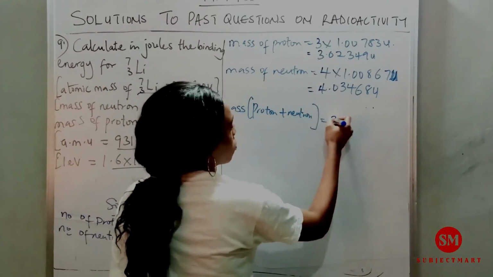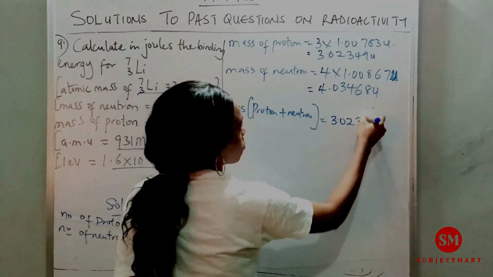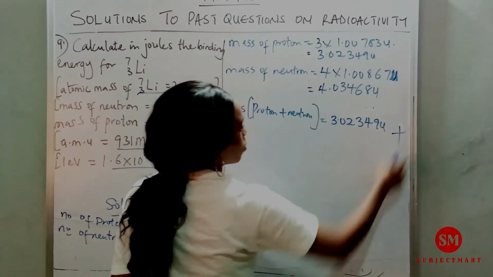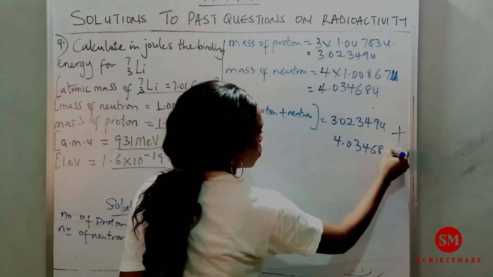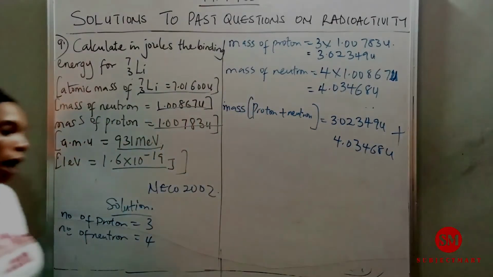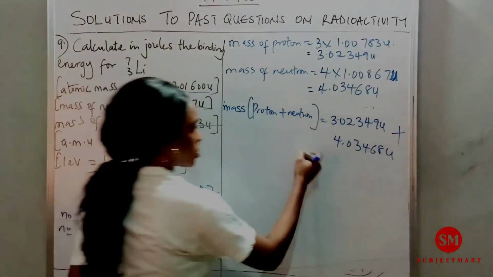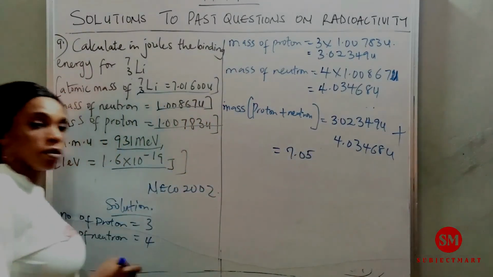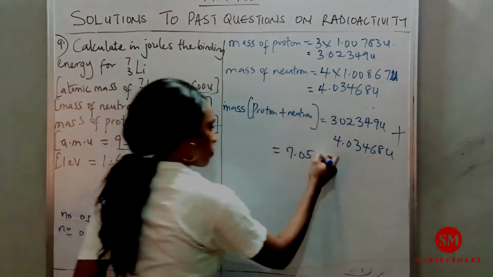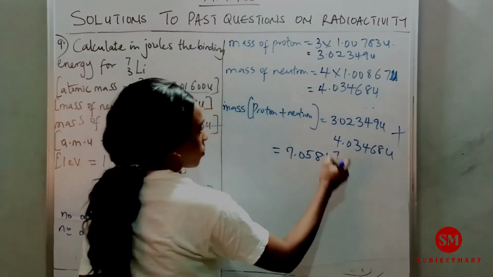That's 3.02349 plus 4.03468. So addition of that gives me 7.05817.